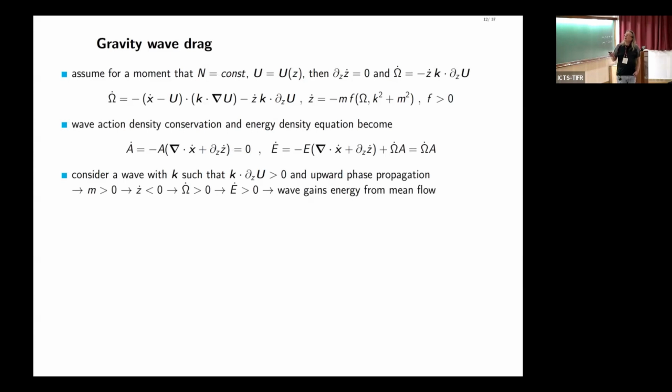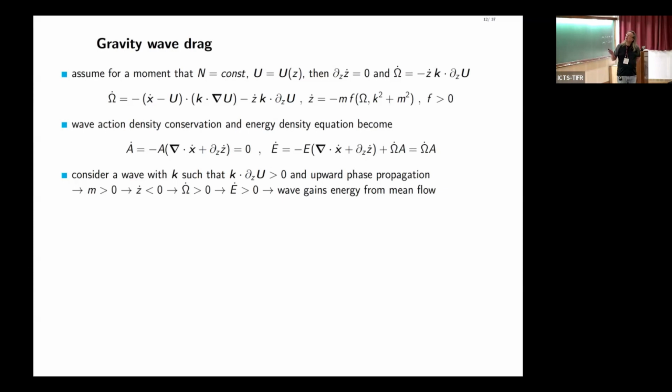And then we consider signs of the different changes in time following the rays. So first we fix the k dot du dz with k in the direction that the scalar product is positive, right? And then we start with upward phase propagation. The ray or wave packet which propagates upward, m is positive. Then from the z dot relation, we have negative z dot because this f is always positive. Z dot is negative.